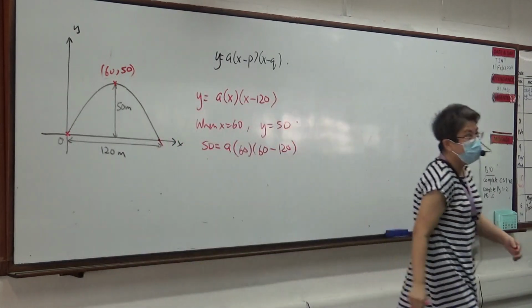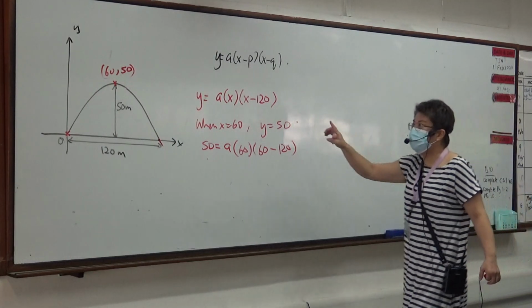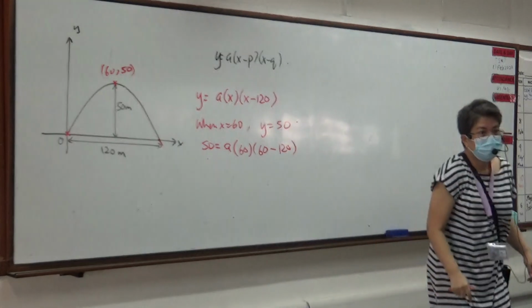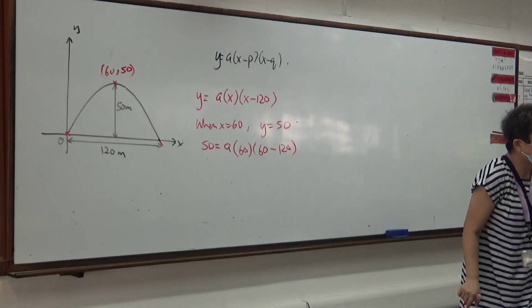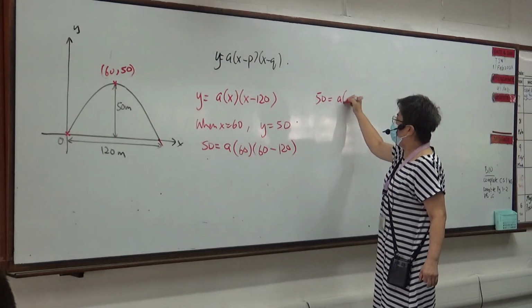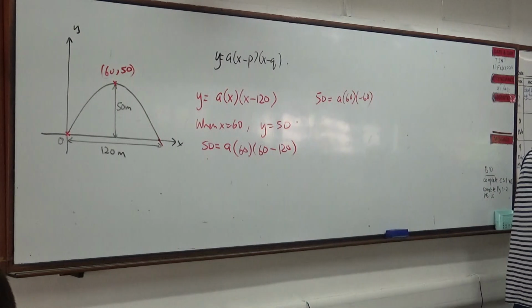Then I can solve for my a. Can you see what I'm talking about here? Now, if you put in 0 or 120, straight away you get 0, so I cannot find anything. Get it? Okay. 50 equals a into 60 times what? Negative 60, right?